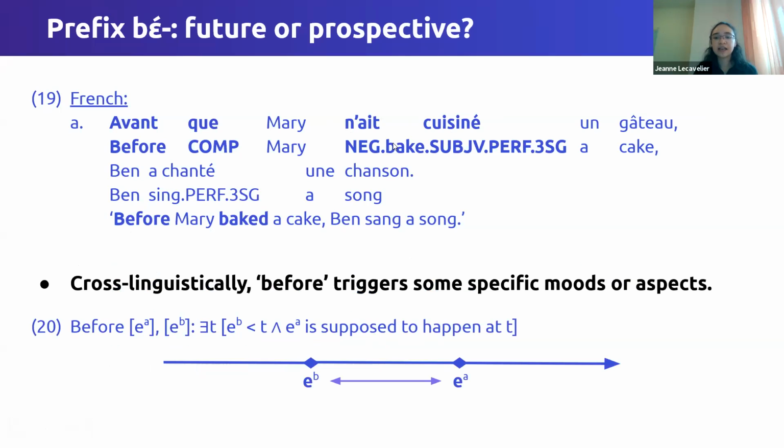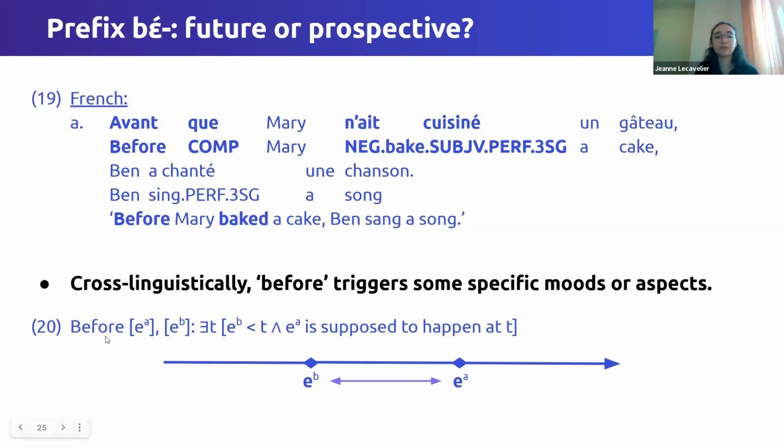At first sight, it could be somehow weird that there is a subjunctive here, but actually it seems to be a property of before, since when you embed an element in before, then you get some reverse sequence of time.